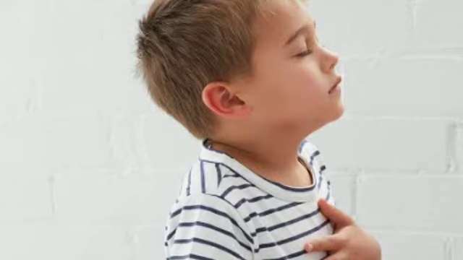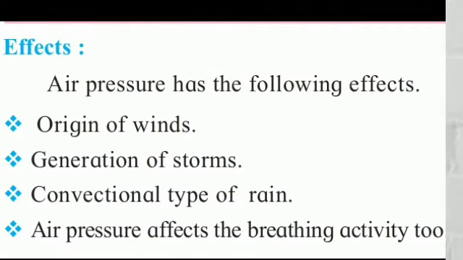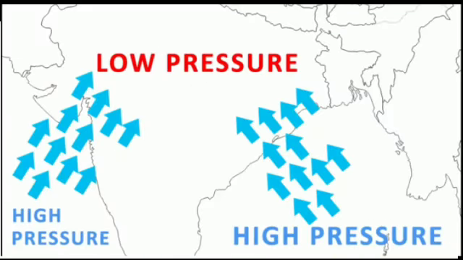Suppose you are on a high pressure belt, where the pressure is very high, and suddenly you come to a low pressure belt, so definitely your breathing activity will be affected, right? When you are in a high pressure belt, the temperature is low and the pressure is very high. Because of this, it affects the activity of people also. This change in pressure belt from high to low, from low to very high, affects our breathing activity also.